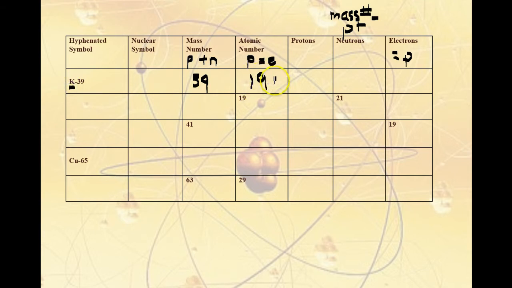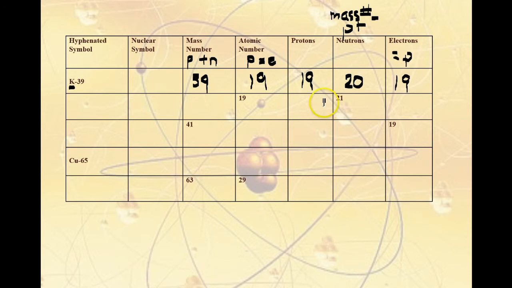That tells us you have 19 protons and 19 electrons. And then how many neutrons would you have? You take the mass number, 39, subtract the number of protons, and that gives us 20 neutrons.